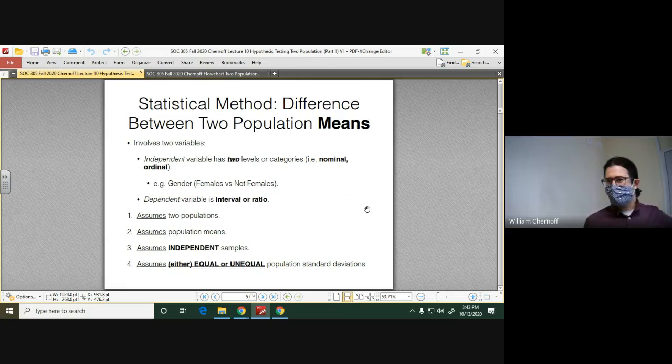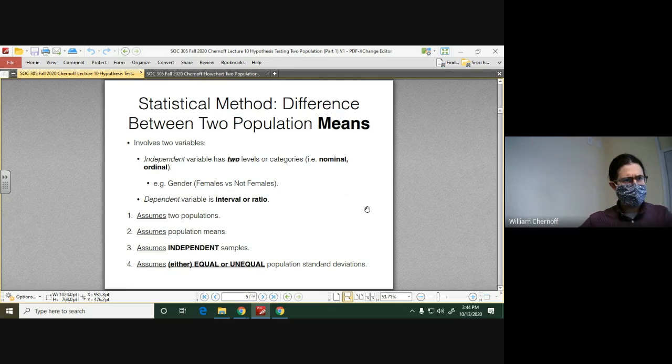But as far as the intuitive meaning, you want to think of it as we have our independent variable, and that's really just a fancy way of saying what is the variable that indicates how the groups are different. And then your dependent variable is usually the variable that you really care about. So think of it like you're doing, say, fear of crime.